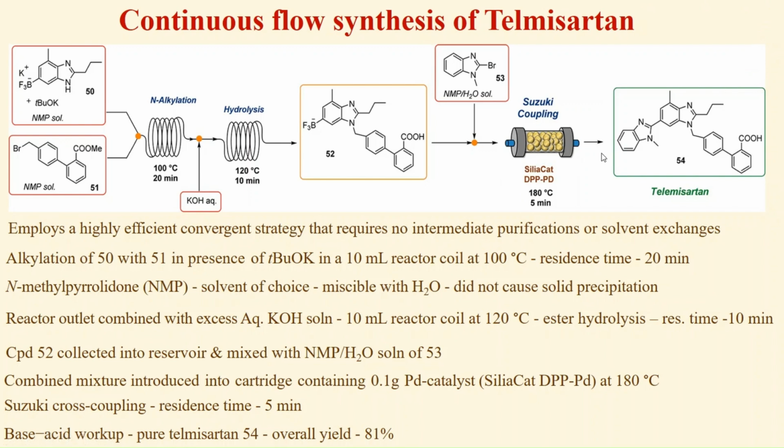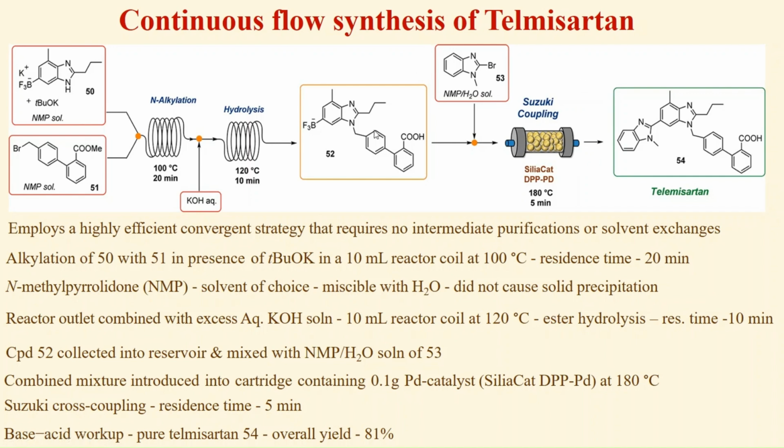Here we can see the example of the type 4 reaction where the catalyst is packed in the reactor and the reactants move through this, and at the end we collect the Suzuki coupled product.